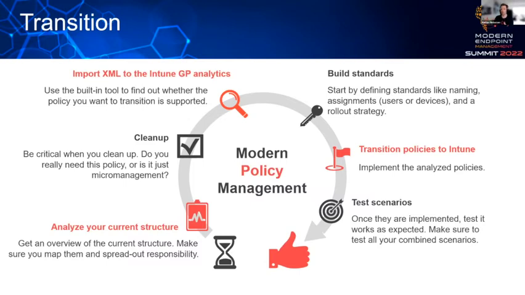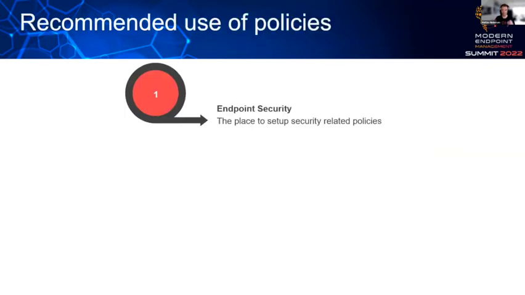You can also bring in some help that is called MDM wins over GP, where you can actually block a policy that is the same configured in GPO and in Intune, so that you have Intune winning over the GPO and blocking that policy. That's a good strategy as well. All right. So now we have the transition.